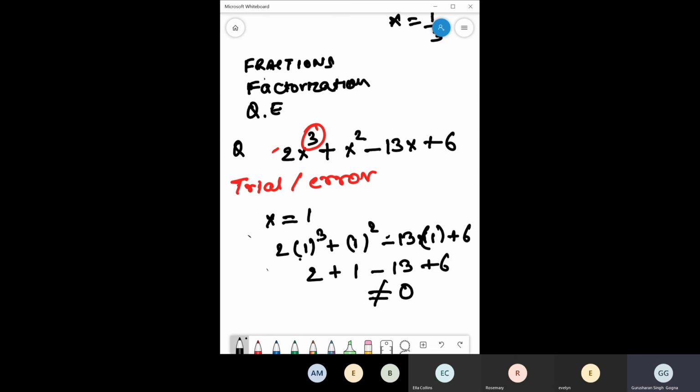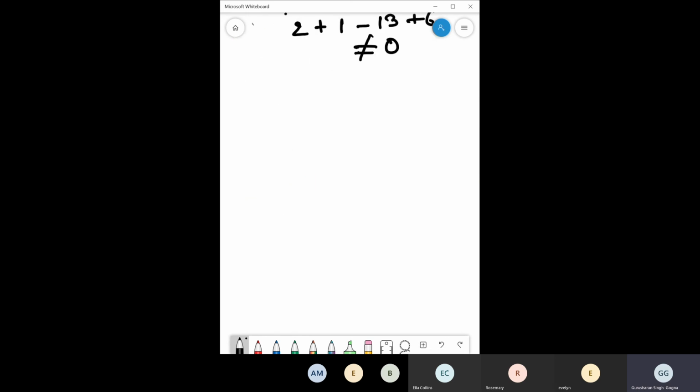Okay, so you need to try some numbers, and generally it should give you an answer between minus 3 and 3. Okay, so let us choose, let's say, minus 3. So 2 times minus 3 cubed plus minus 3 squared minus 13 times minus 3 plus 6.